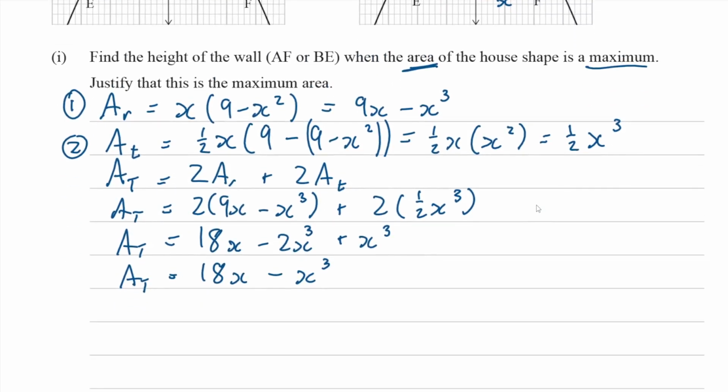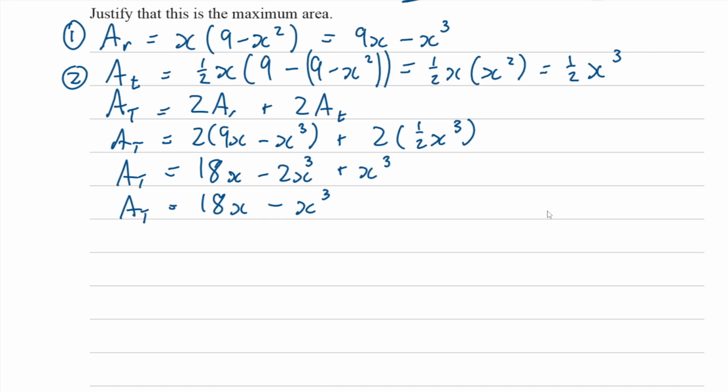Now, again, optimization problem. To maximize this, we look for the maximum or minimum, the turning point, when the gradient is equal to 0. So let's find the gradient function.